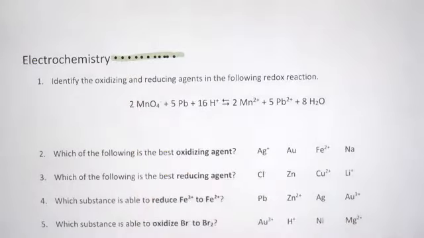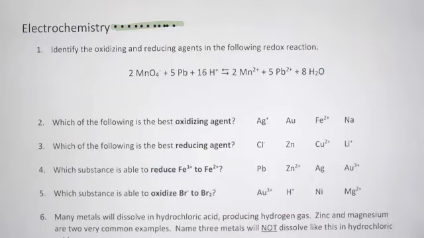So identify in this reaction the oxidizing and reducing agents. And then questions 2 to 6. So this is review. Hopefully you are looking at oxidation states, oxidation numbers as you do this.